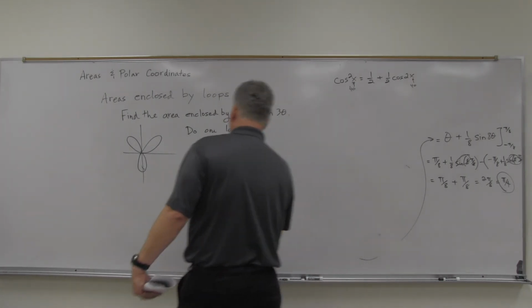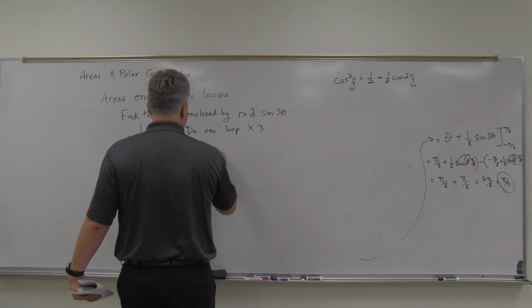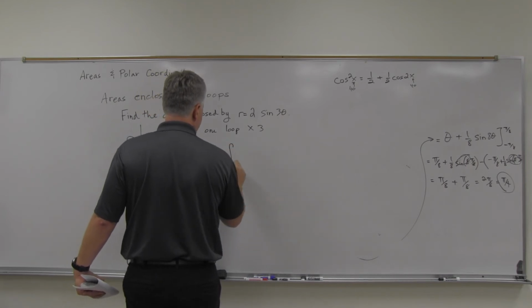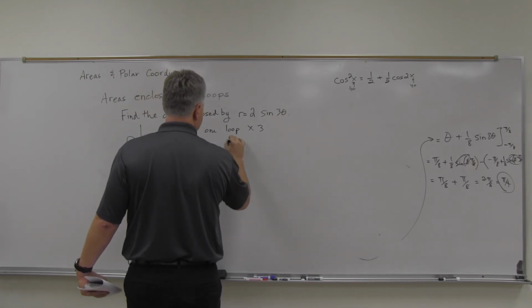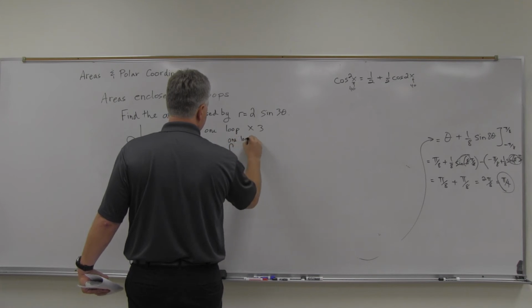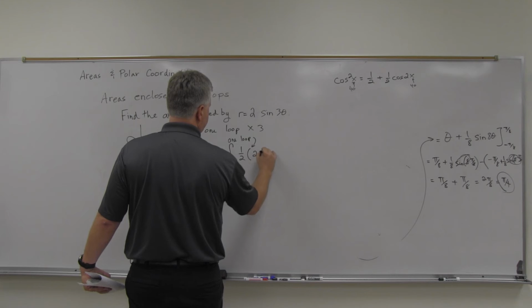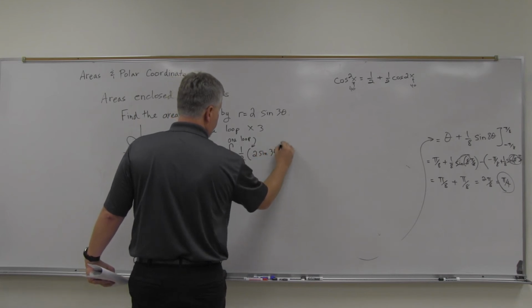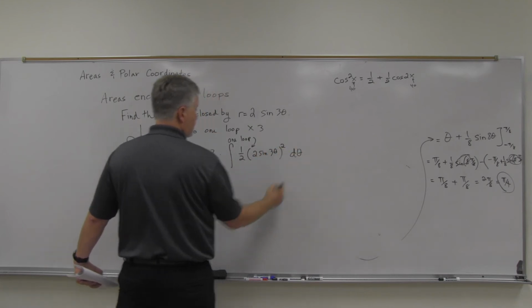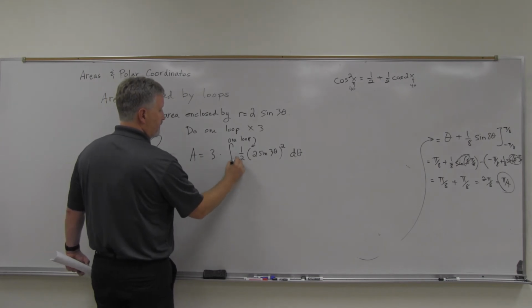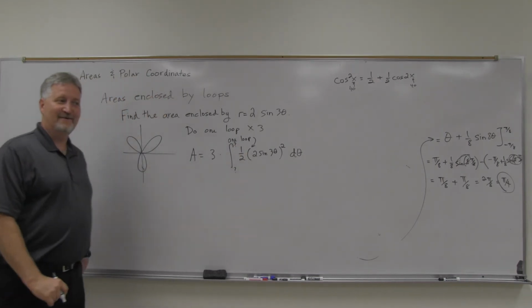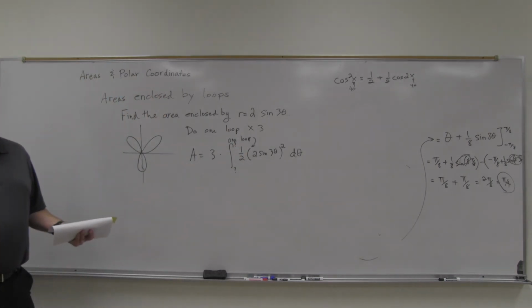So the area enclosed is going to be 3 times the area of one loop, which is 1/2 times (2 sine 3 theta) squared, d theta. The only question then is, what are my limits of integration, from where to where?